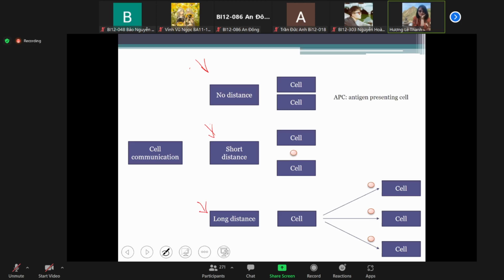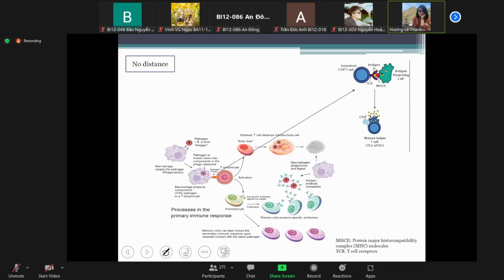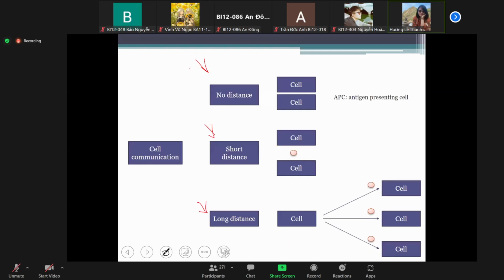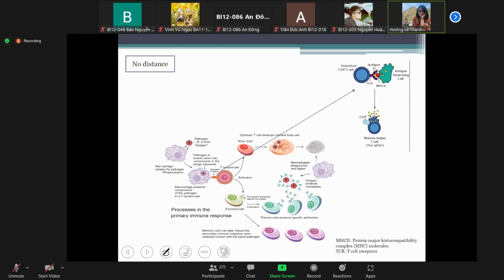So we can discover different types of communication based on the distance. The first one we call no distance. Here are the APC, antigen presenting cells. No distance, like for example, two cells.